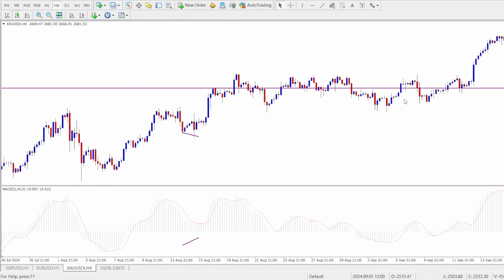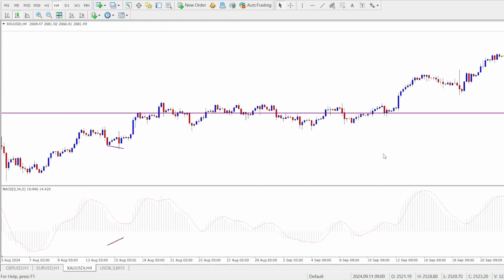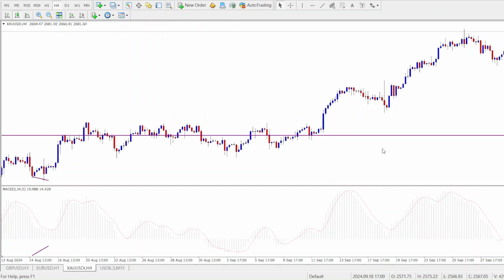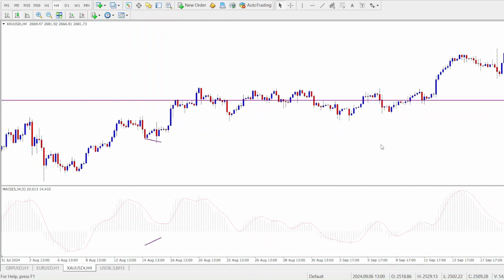Okay. So when you are using the MACD divergence, you should try as much as possible to avoid fake outs, because fake outs are common in trading, especially around major support and resistance zones. So the MACD divergence strategy can help you filter out these fake moves. As for the regular divergence, it helps you identify when the current trend might be running out of steam. So it's warning you of potential reversal. But the hidden divergence shows when the pullback is just a temporary retracement in the trend.